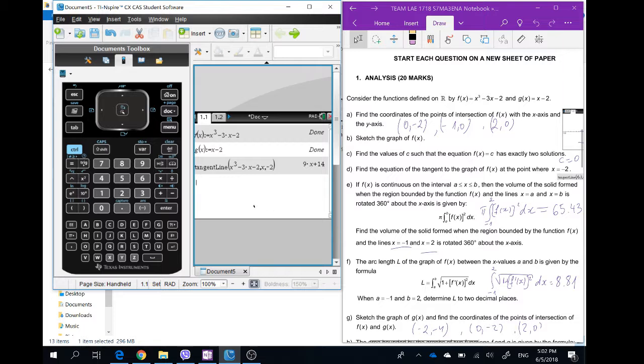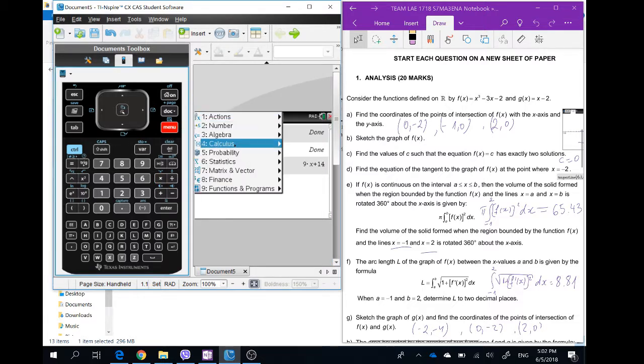So just calculate pi. You can use pi times, or you can use pi from here, pi times integral from a to b.